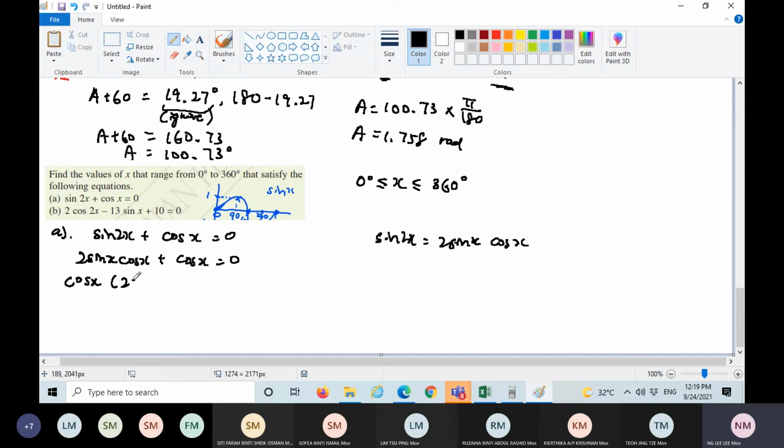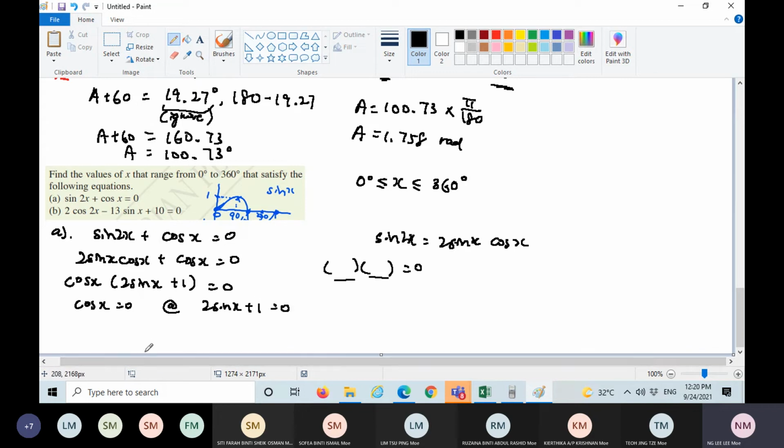So the balance will be 2 sine x plus 1 equals 0. When you do factorization, you will write this one equals 0 and this one equals 0. So until this step, you will write cos x equals 0. The other one, 2 sine x plus 1 equals 0.